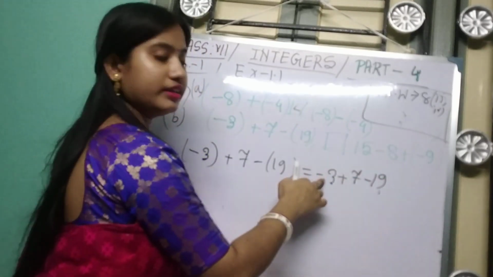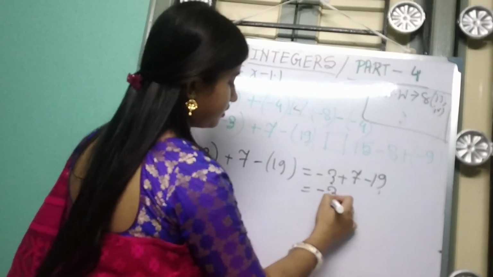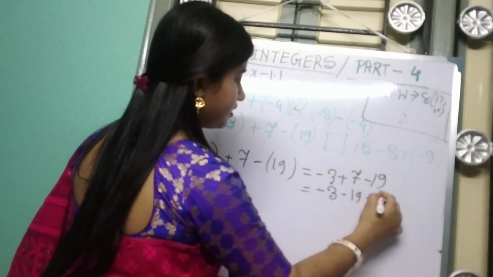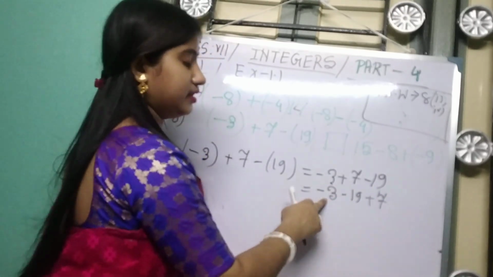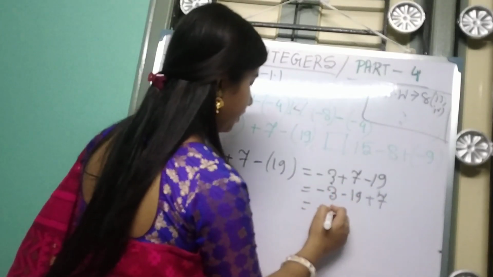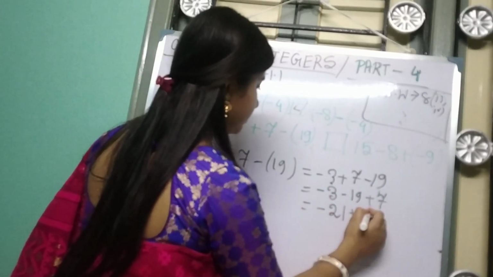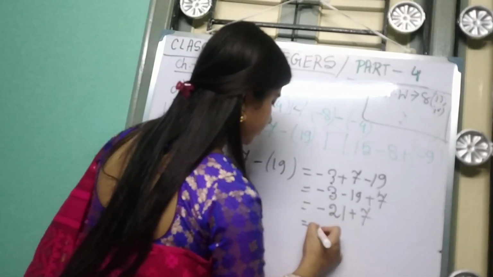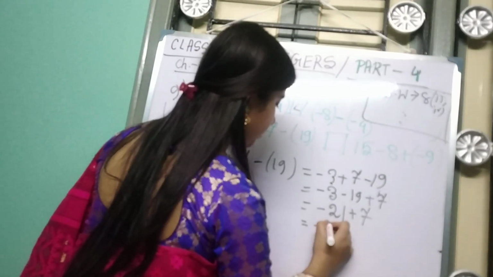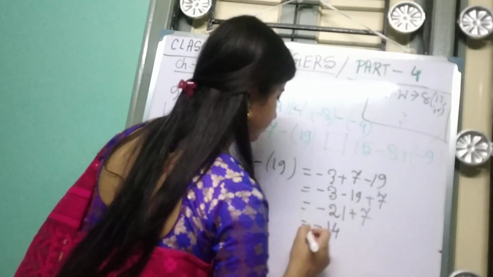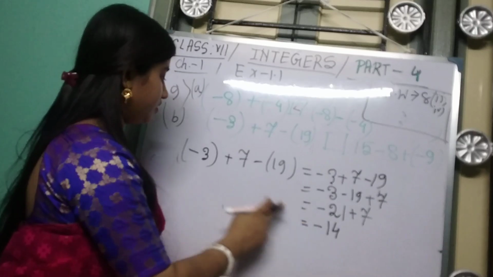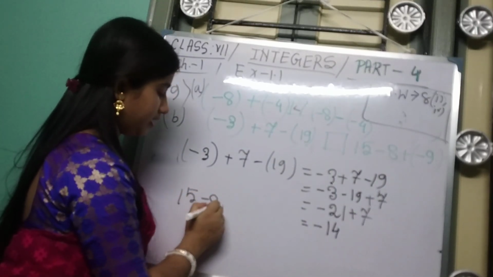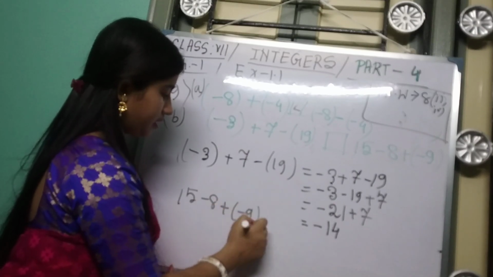First we write both minus signs, -3 minus 19, and the last is plus 7. -3 minus 19 means -21, plus 7 means -14. And find this side: 15 minus 8 plus of -9.